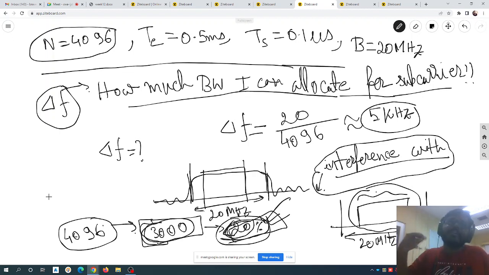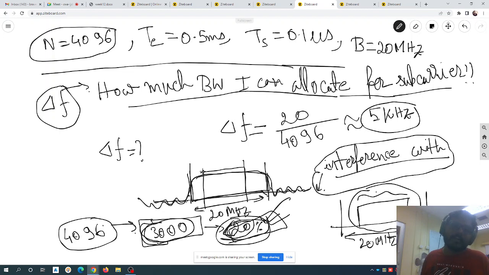Someone else has bought the next spectrum, but if you use the whole 20 megahertz band, you cannot use sharp filtering, so there will be interference for other users. That is the safety rule mentioned by government or some political body.